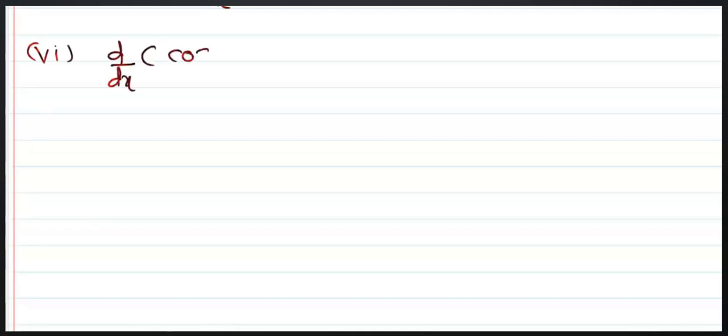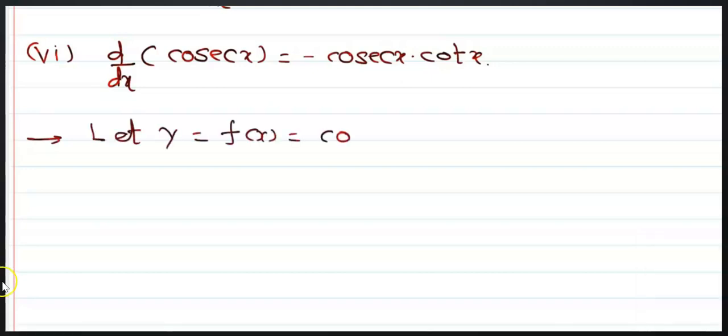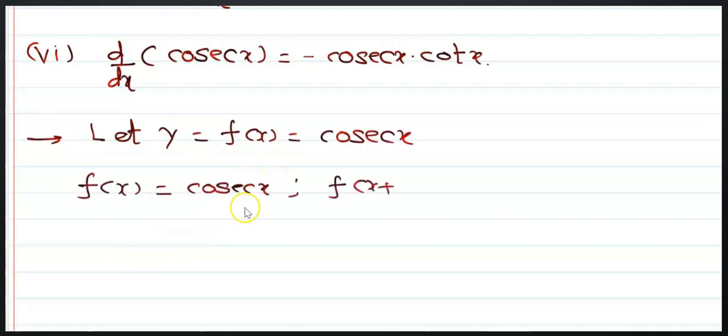Now the next is d/dx of cosec x is equals to minus cosec x into cot x. Means what? The derivative of cosec x is minus cosec x into cot x. Now again we will solve this by simplifying or prove it by using the first principle. y is equals to f of x is equals to cosec x.